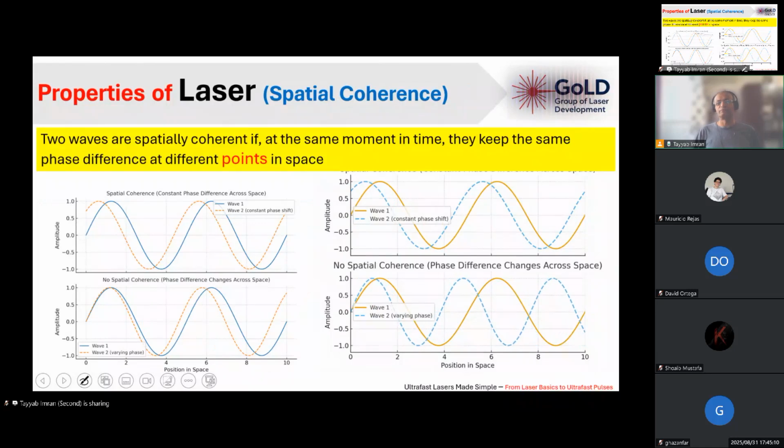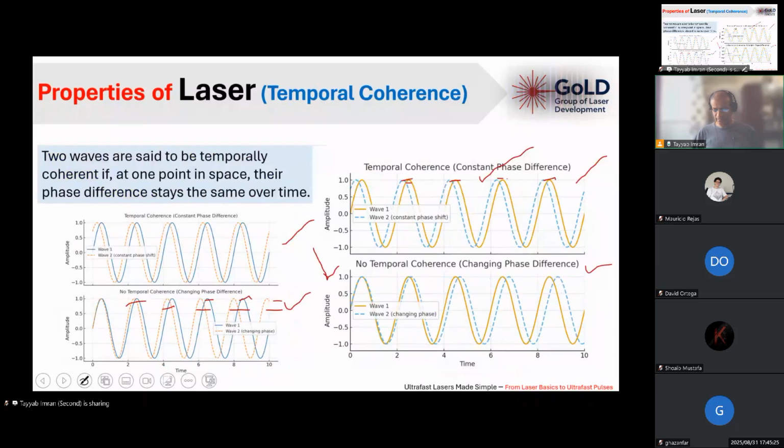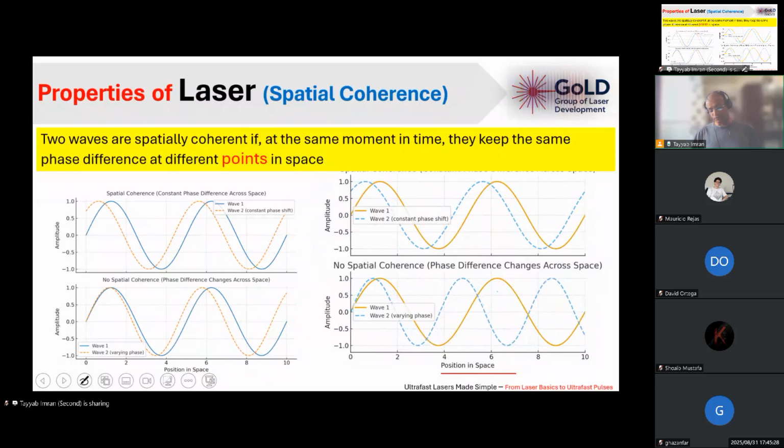Spatial coherence. You can see in the animation as well, but the x-axis is space. And in the previous case, the x-axis was time. So spatial is in space.